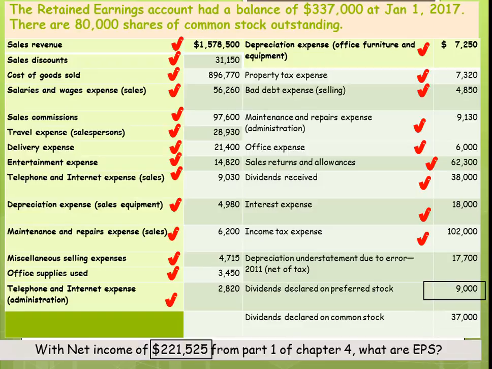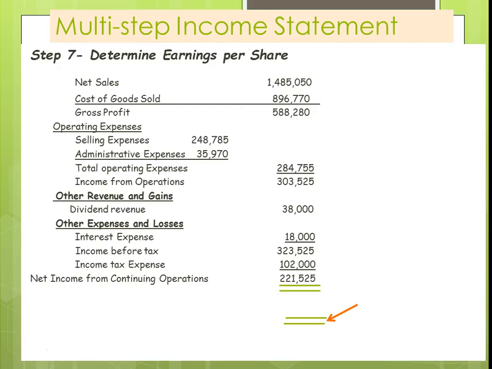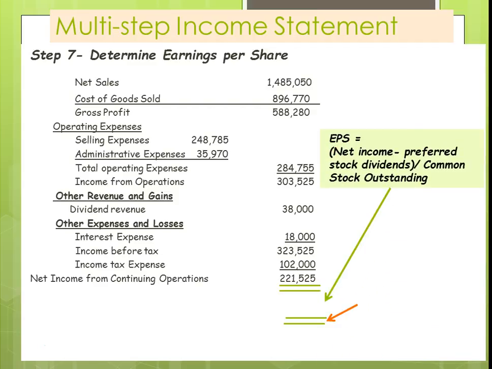We're going to look to see, are there any dividends? And we're going to look to see what are our shares of stock. So now we can calculate earnings per share. We look at our income statement that we prepared from Part 1, and now we can do the earnings per share of $2.66.